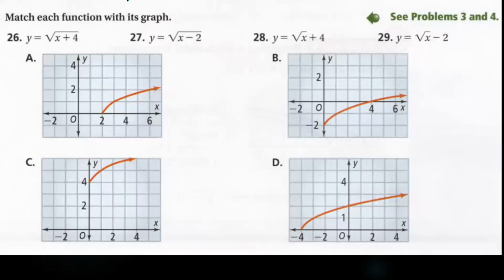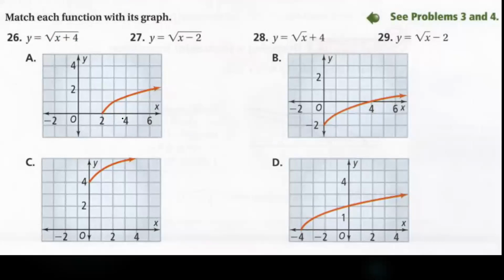The number is under the square root. So what does it mean? That means we have to shift the parent function 4 units. Where? To the right or to the left, up or down? To the left, yes. Bravo.